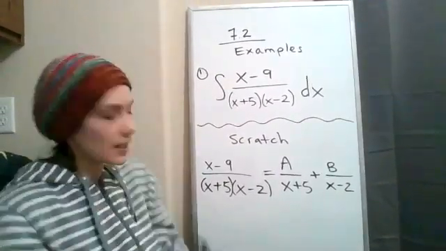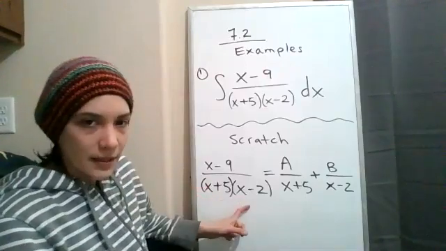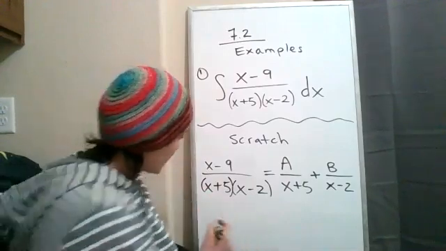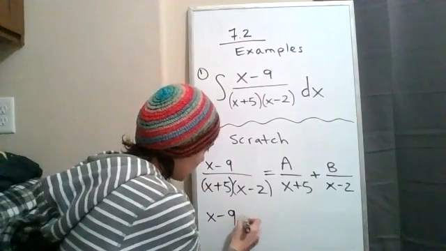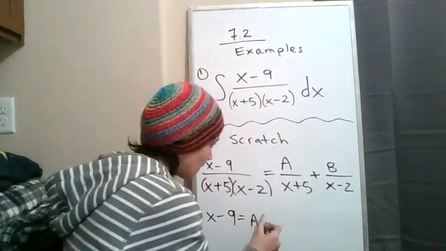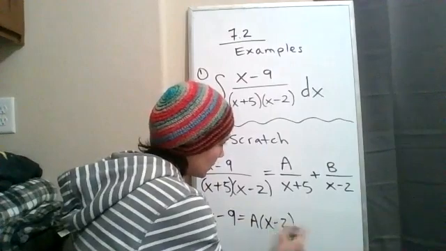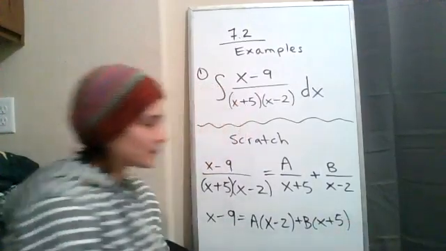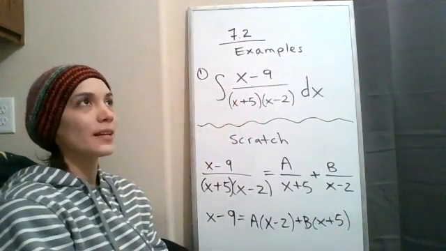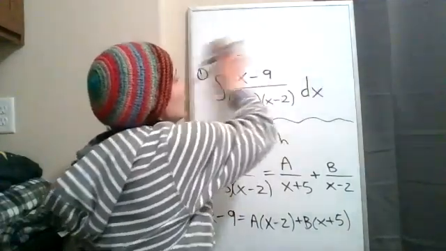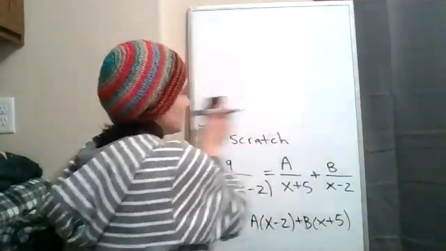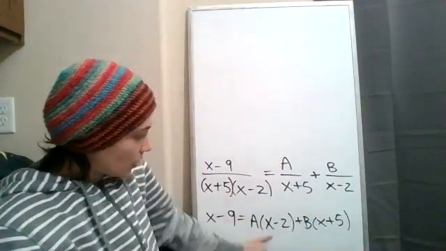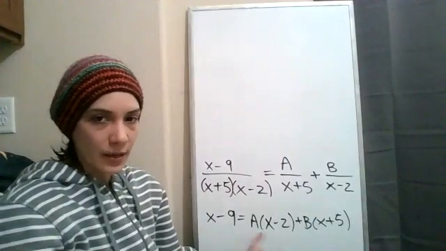All right, so multiply both sides by x plus 5 times x minus 2. Then x minus 9 equals a times x minus 2, plus b times x plus 5. From here to here, we can use any value for x to find a or b.